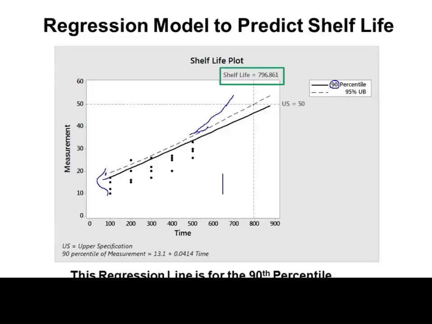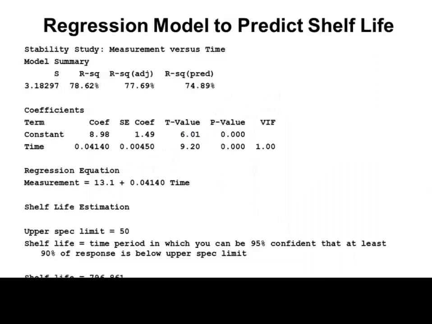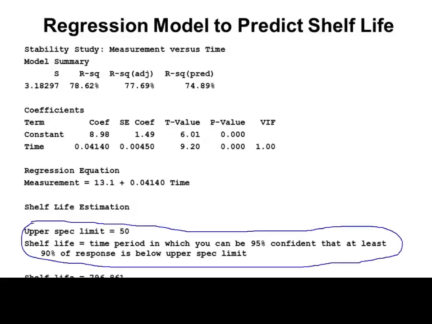So you have to see how far you really want to go. Again, in the session window output, Minitab is getting pretty good about not forcing you to interpret all the outputs. It's telling you exactly what the shelf life is: a time at which you're 95% confident that at least 90% will meet spec.